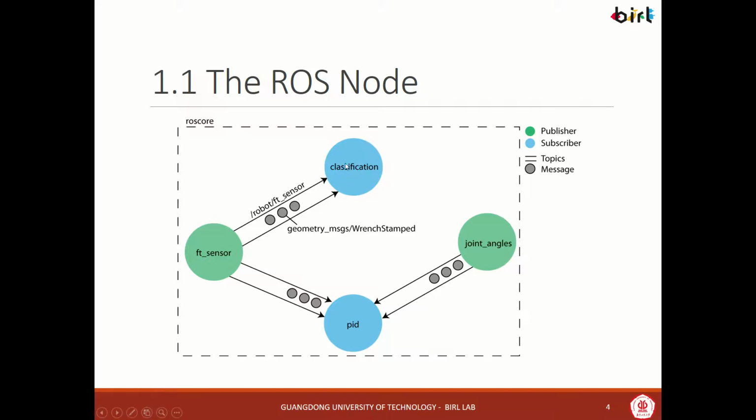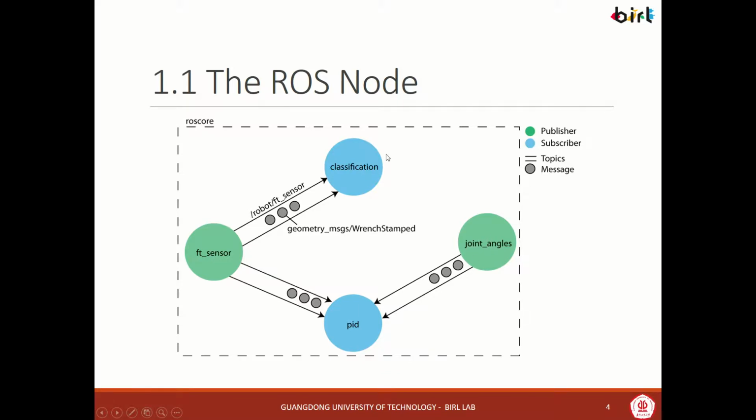In this diagram, for example, we might have 4 nodes, 2 blue ones and 2 green ones. And these nodes will use topics for publication and subscription. The green colors might publish information. These might be sensors. For example, this would be a force torque sensor, and this might be the joint angle states.